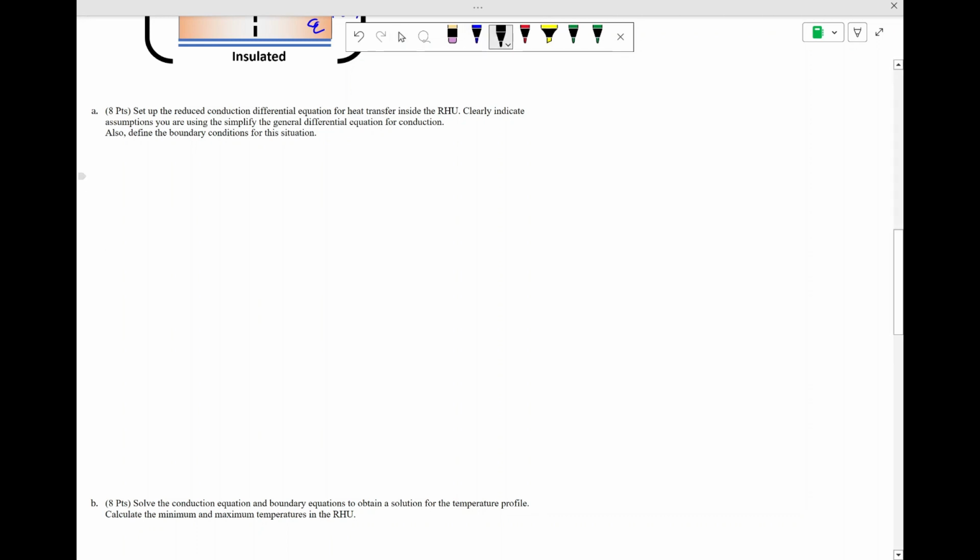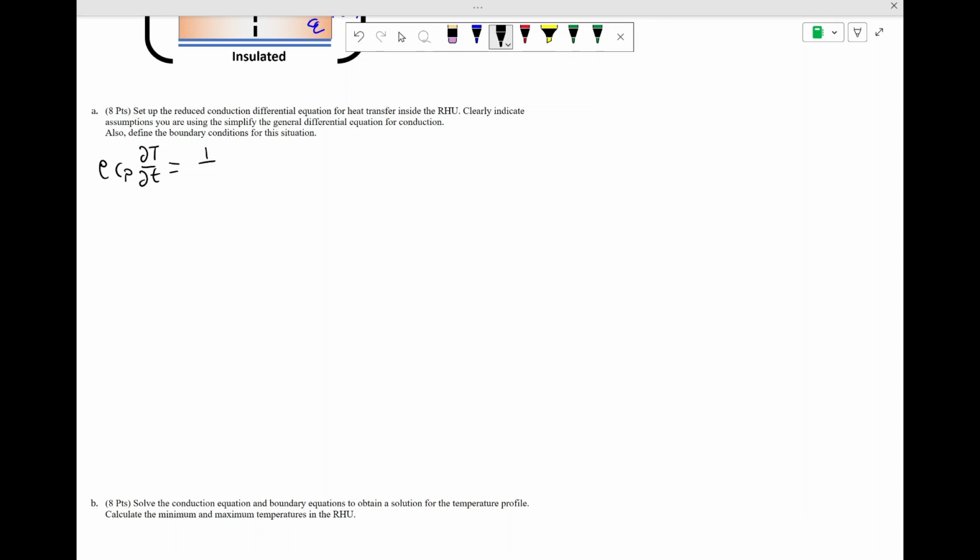On the left we're going to have the transient term, or the energy storage term. So we'll have rho Cp dT/dt. And since our geometry is cylindrical, we can write this as the conduction term, or diffusion term, in cylindrical coordinates.